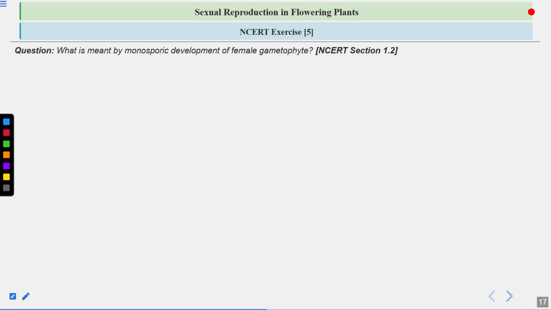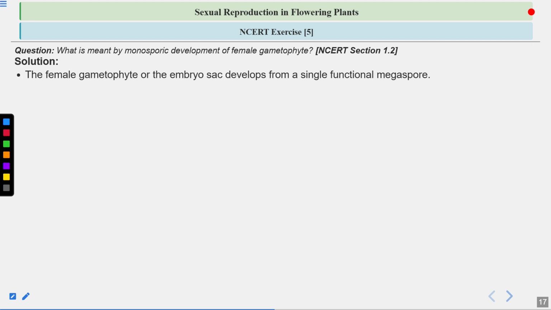What is meant by the monosporic development of the female gametophyte? The female gametophyte or the embryo sac develops from a single functional megaspore. How many megaspores are formed? 4 megaspores are formed, like this: 1, 2, 3 and 4.